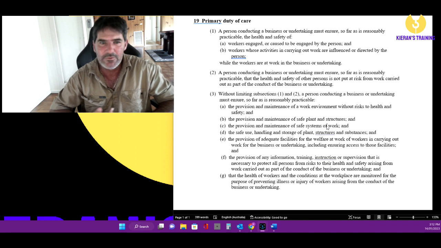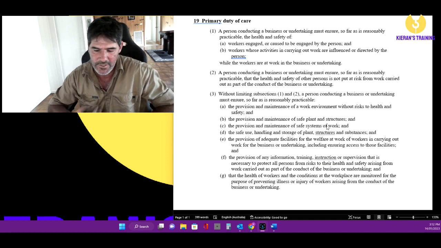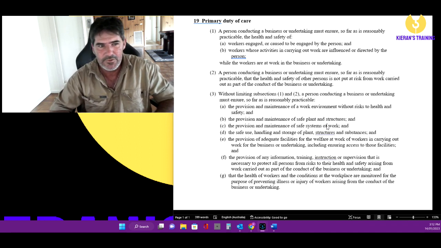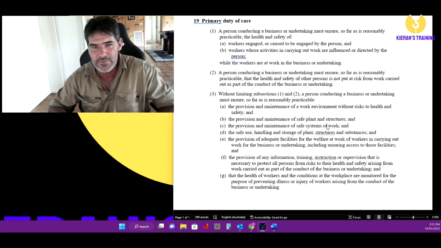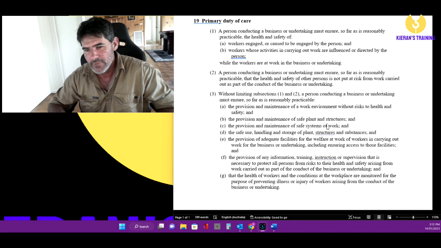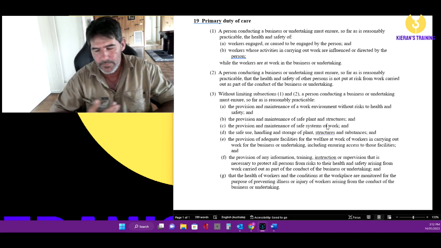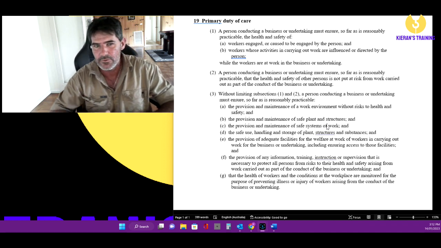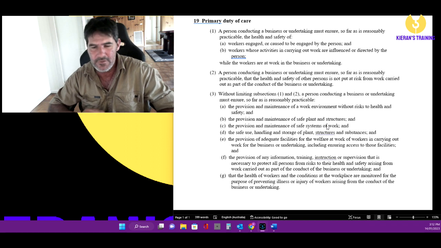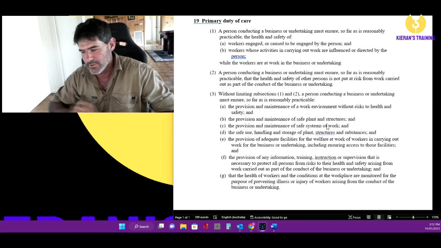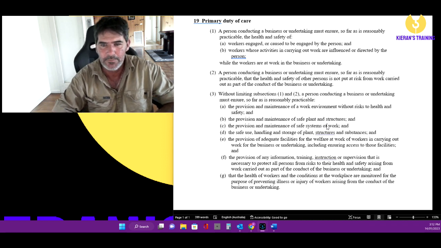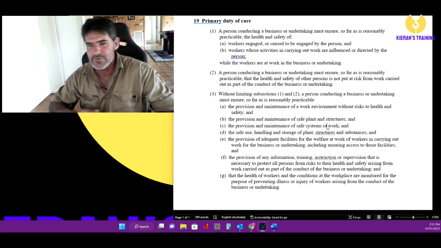You'll have SWMSs for any high risk work, that's a safe work method statement, as well as JHAs, JSAs, JSEAs. They're all risk assessment tools, and they'll also have things like environmental policies and all that sort of thing. So all that paperwork based stuff, all their procedures, all their policies are going to look after the safety of everyone on the work site, to try and reduce that risk as much as they can.